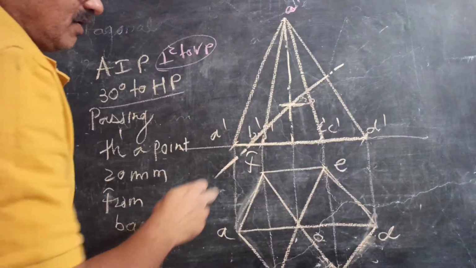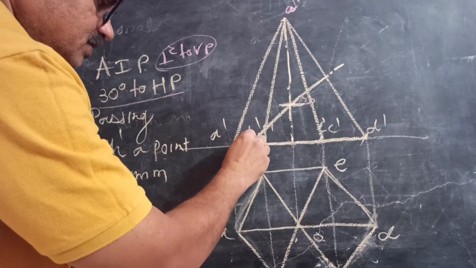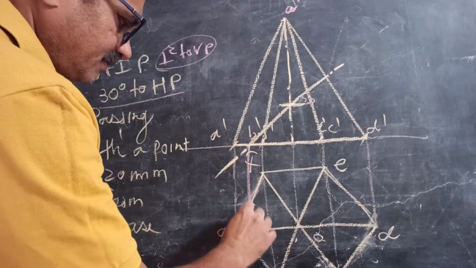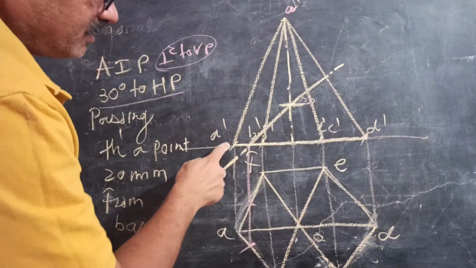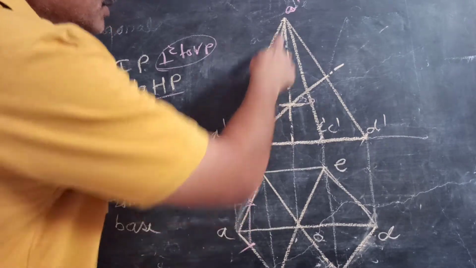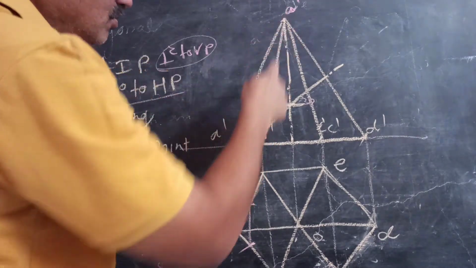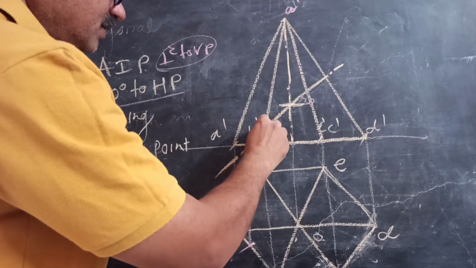Now see, what is cut here? The base is cut. So this should be projected to the base, one point and the other point, AF and AB, because this is the base. What is cut here? This is OF and OB. So this can be projected directly.